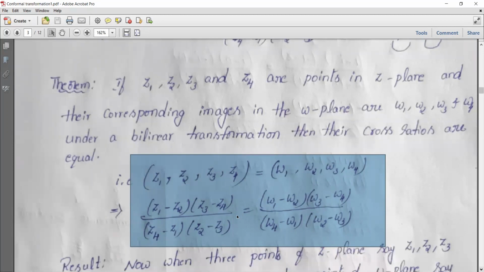Using this equality, we can easily find the bilinear transformation when four points in the Z plane transform to four points in the W plane.